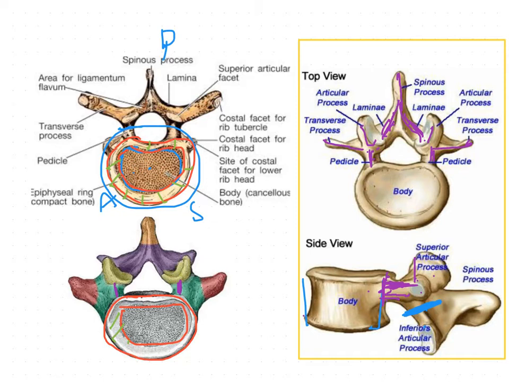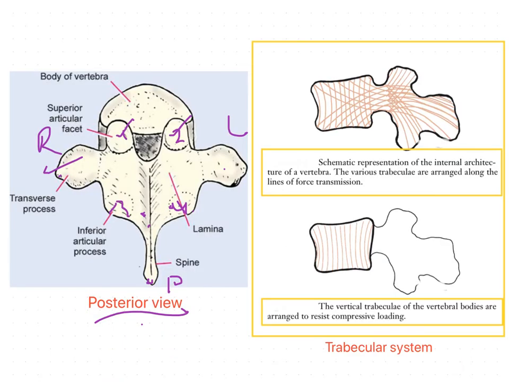Another important thing related to the structure of the typical vertebrae is the trabecular system. This is very important in view of biomechanics.